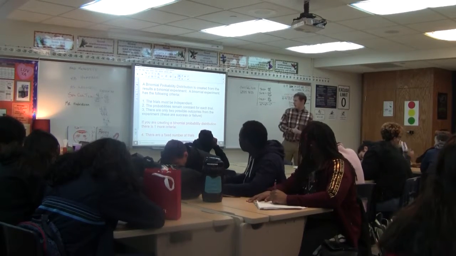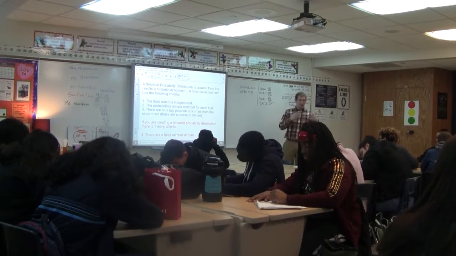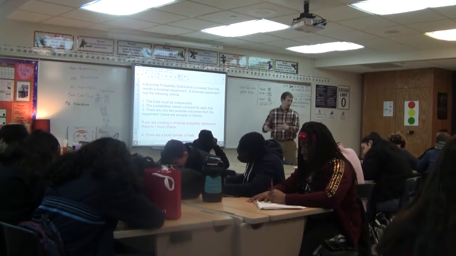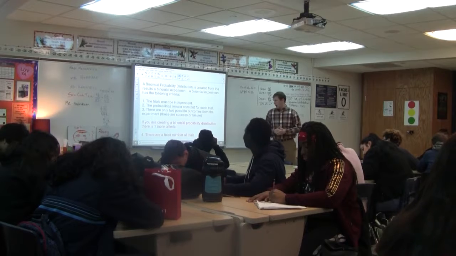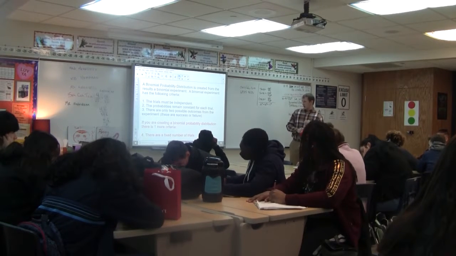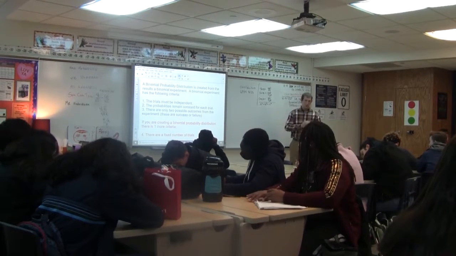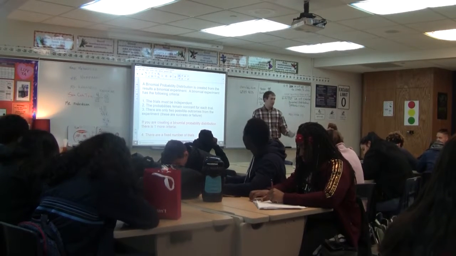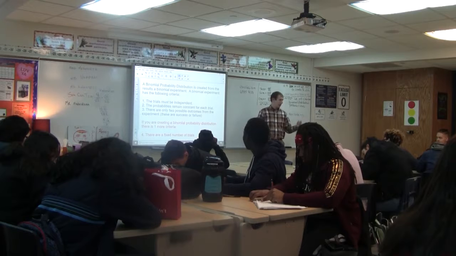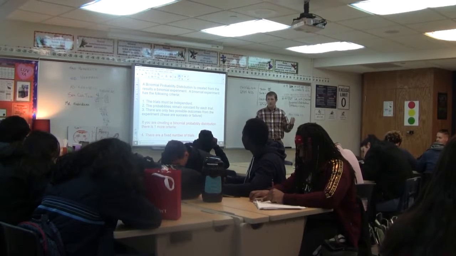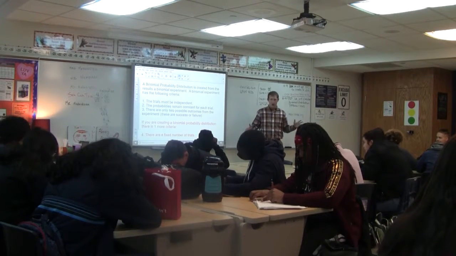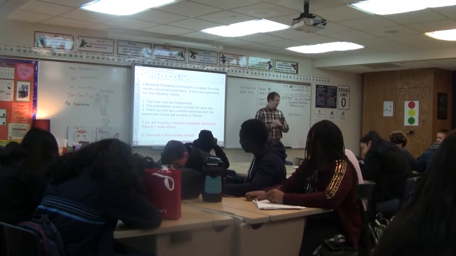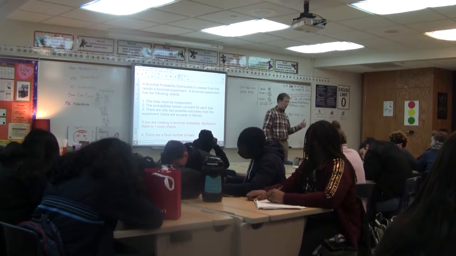One probability doesn't affect the outcome of the next trial. The second criterion is that the probabilities remain constant. If we flip a coin and get heads the first time, the fact that we flipped heads the first time has no say on the probability of the second flip.